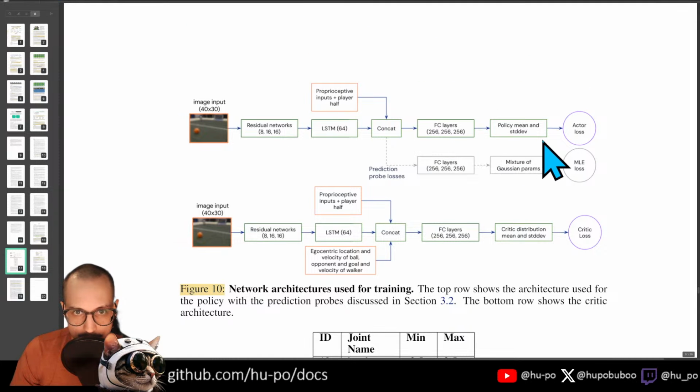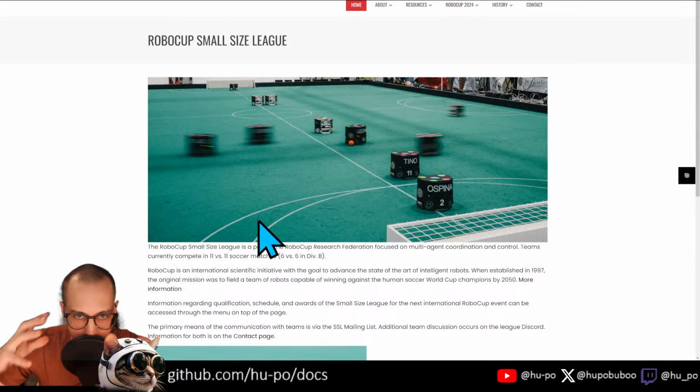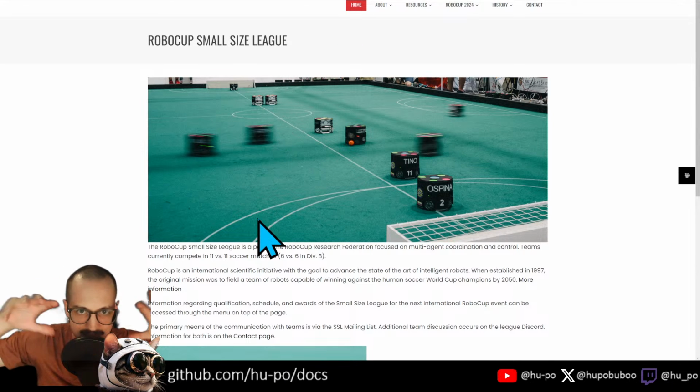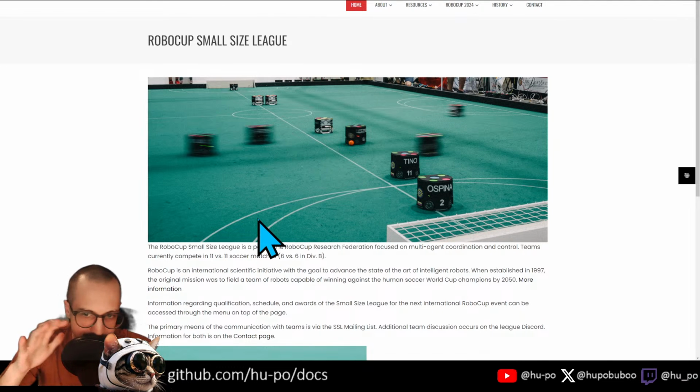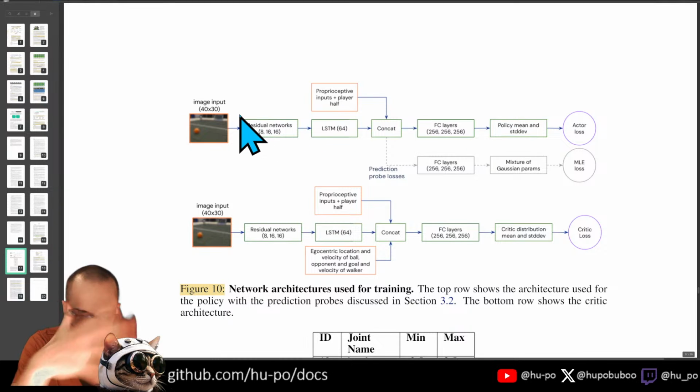And most of the time, in all the previous DeepMind robot soccer papers, they're receiving Oracle state information, right? Usually they're inside a field, and the field has cameras on the outside that are tracking the position of all the robots, the ball, and the goals. So in all the previous soccer robot papers, the policy or the actor is receiving all that Oracle information.